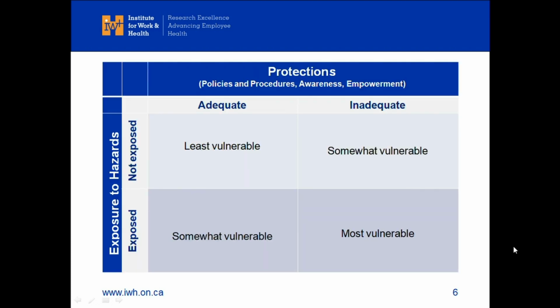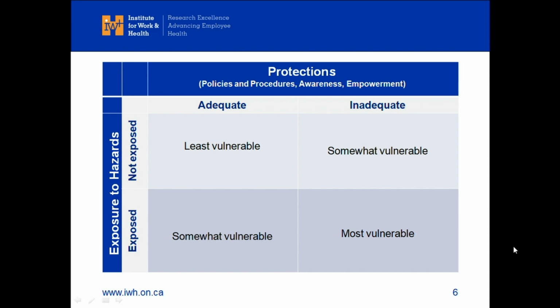Using the responses to these 27 questions, we're able to categorize workers in a number of ways. First of all, we can determine whether they're exposed or not exposed to hazards in the workplace. And second, we determine whether they have inadequate or adequate access to those three remaining mitigation elements. So are they in a workplace where they have adequate policies and procedures in place?